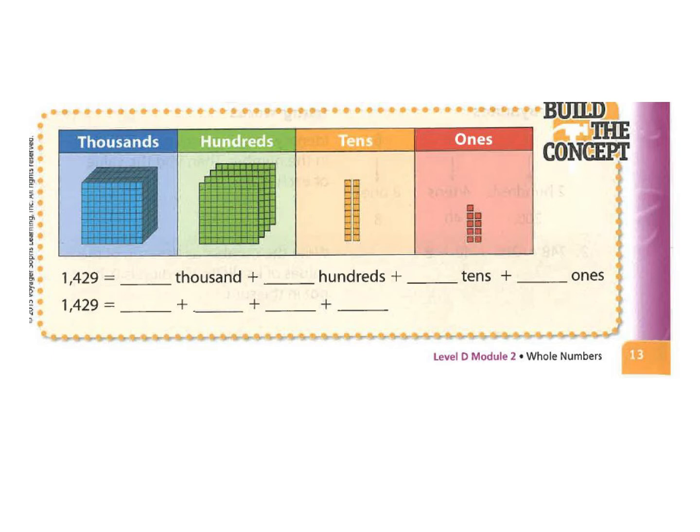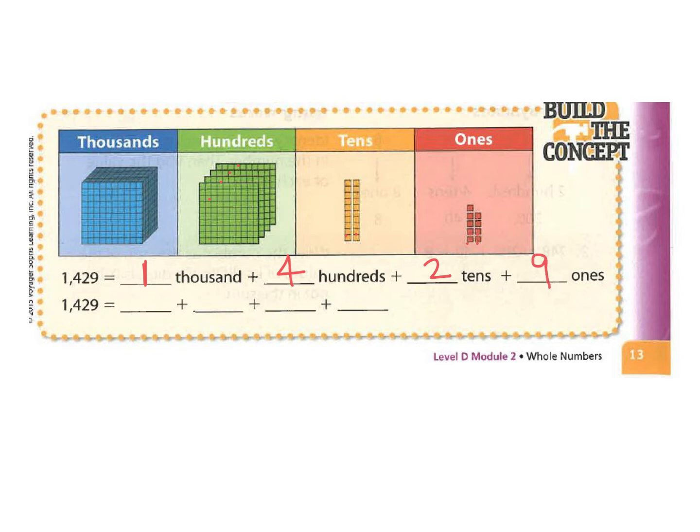The next one we're going to look at here is we can see that we have 1,000s cube. So that would be 1,000. There are 4 hundreds. So 4 hundreds, 2 tens, and then 1, 2, 3, 4, 5, 6, 7, 8, 9 ones.